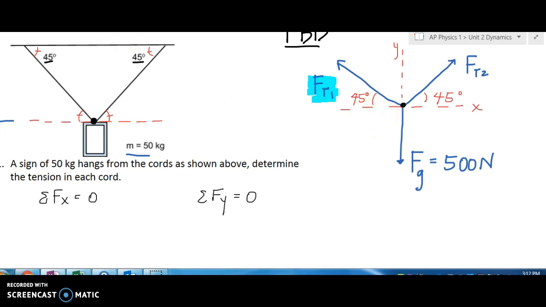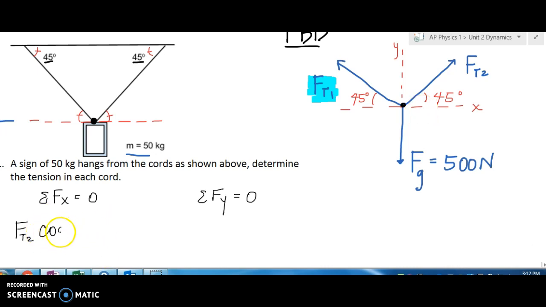Okay. So then the x component of this force here, remember, think about the force as being the hypotenuse of the triangle. So it would be FT2, adjacent is the x side, and adjacent goes with cosine. Very good.